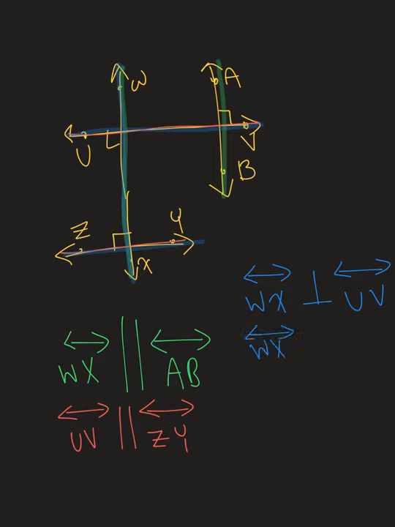WX is also perpendicular to line ZY. And then you have one more set over here where AB is perpendicular to UV. Now if we kept pulling these lines out, arrows on the end means that it keeps going on for infinity. So what we would actually see is that line AB is also perpendicular to ZY.